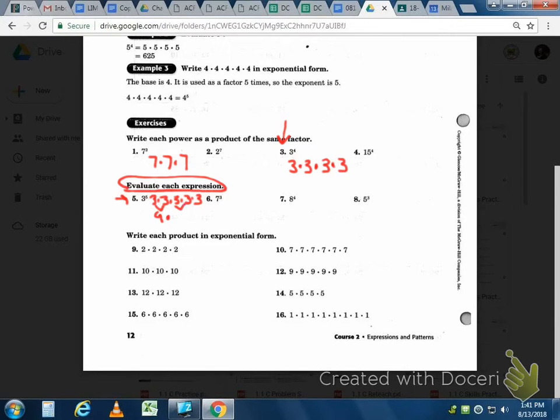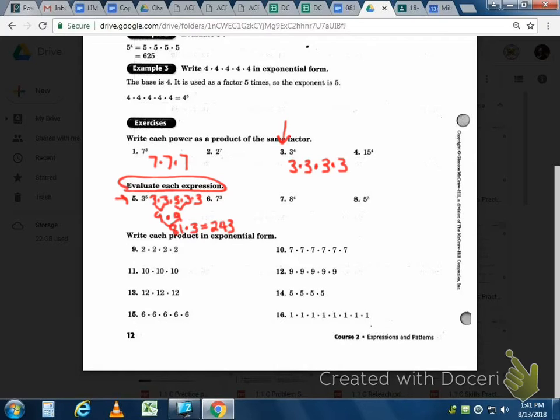And then I've got another 3 times 3, which is 9. And then 81. Good job, 243. So little tricks like that definitely work. 3 to the 5th power is 243.